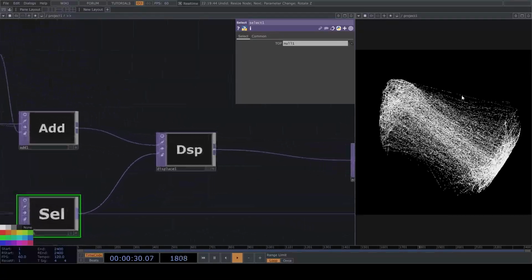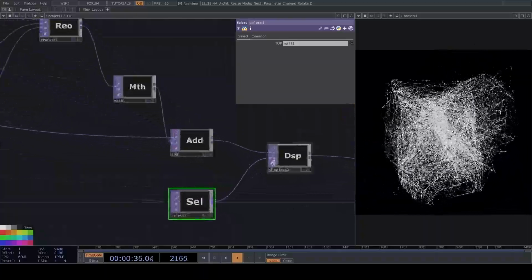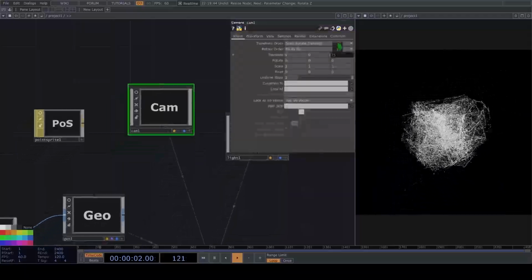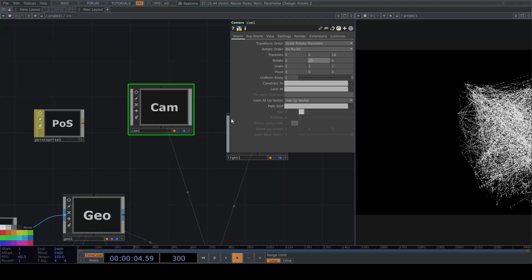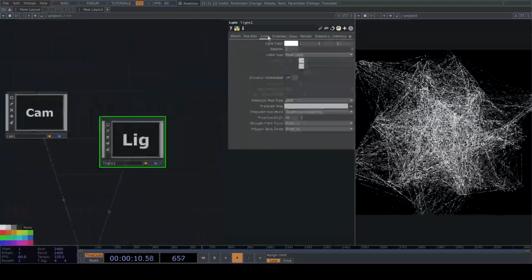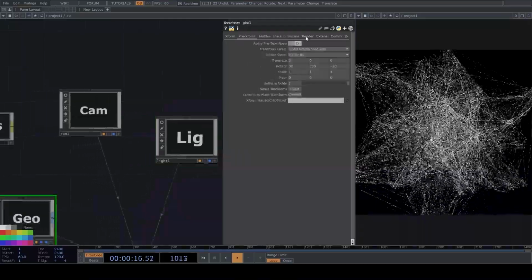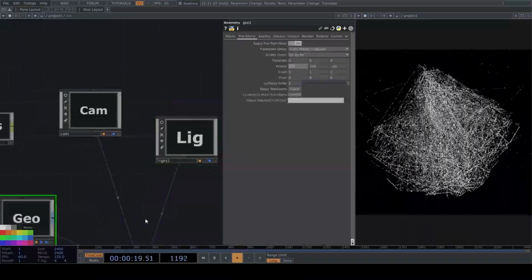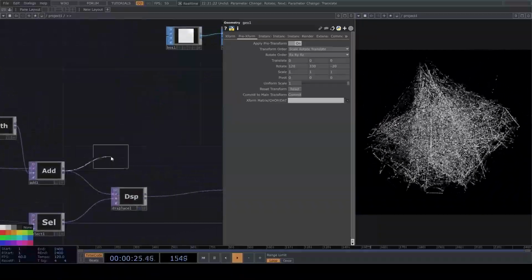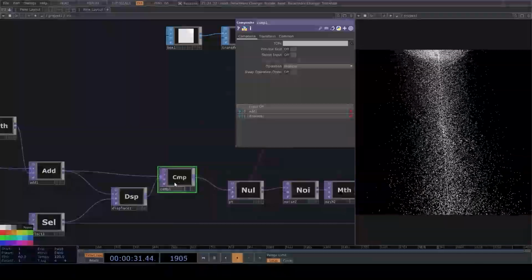It gives us a very nice connected look. You could also combine these two outputs using different operations.